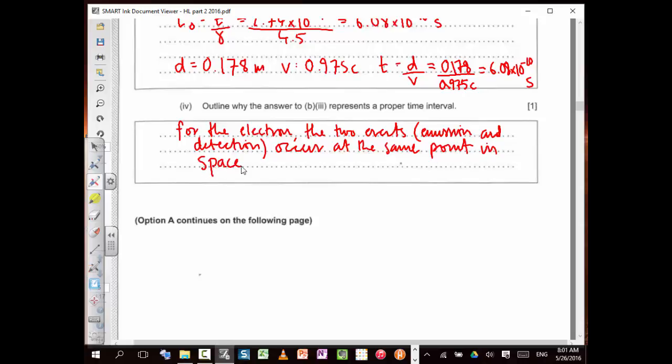And that's how we define the proper time interval. The proper time interval is the interval between the events as observed by a person in a reference frame in which the two events happen at the same point in space.